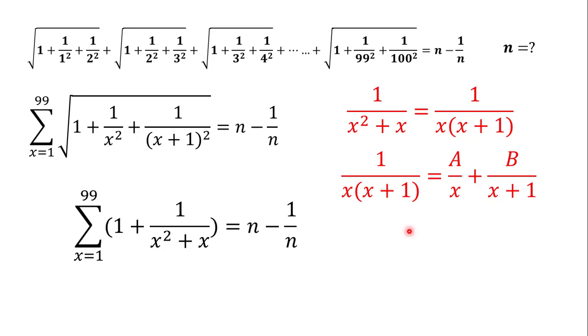To find the values of a and b, multiply the whole equation by the denominator of this fraction. This equation is going to be 1 equals a times x plus 1 plus b times x.